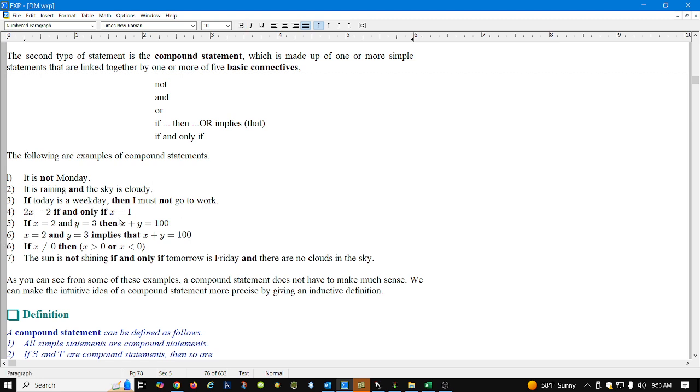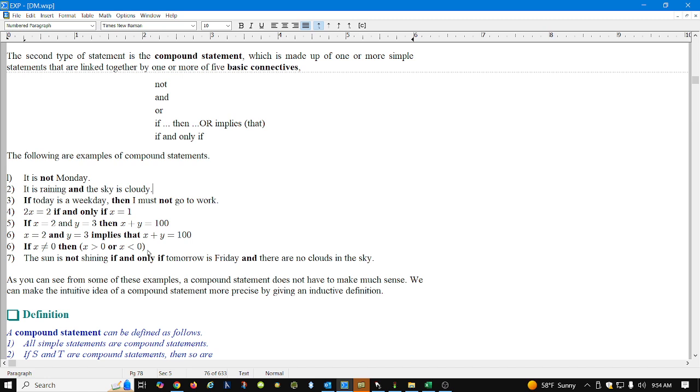Here's an if-then statement. Here's a statement with a connective and as well as implies that. Here's an if-then with an or, and you'll notice that I put parentheses here. And I'll talk about that later.